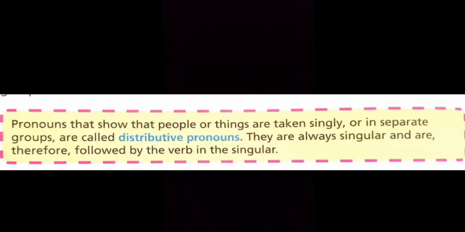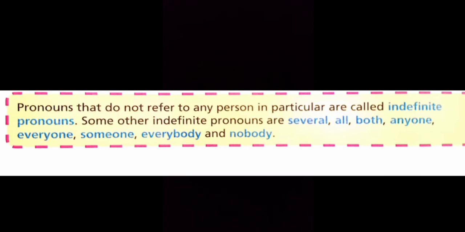Pronouns that show that people or things are taken singly or in separate groups are called distributive pronouns. Pronouns that do not refer to any person in particular are called indefinite pronouns.